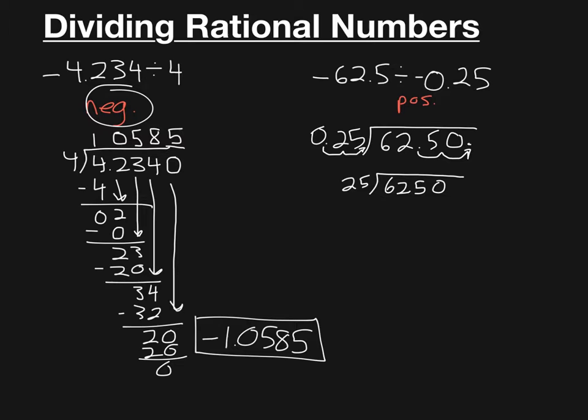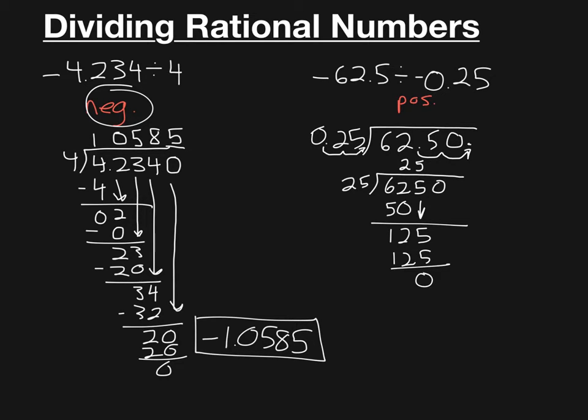So now I want to see 25, does that go into 6? I know it doesn't, but I know 25 goes into 62 twice because 2 times 25 is 50. So now I subtract, that's going to give me 12. Bring the 5 down, and 25 goes into 125 5 times. 5 times 25 gives us that.